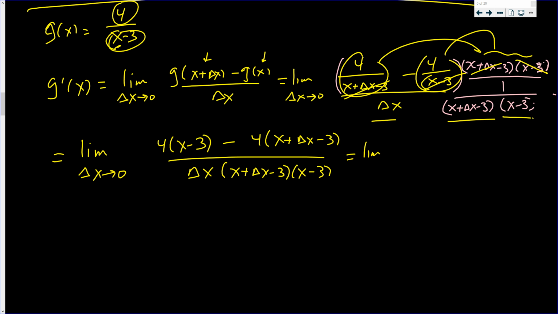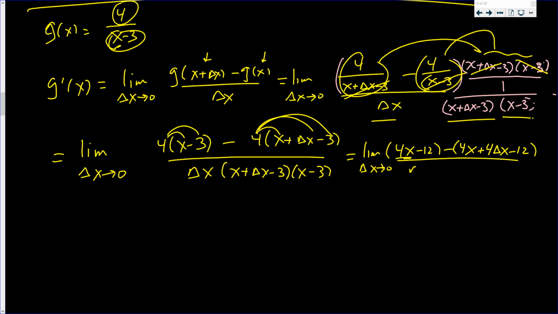This becomes the limit as delta x goes to 0 of 4x minus 12, minus 4x minus 4 delta x, sorry, I factored out the minus, so it's plus 4 delta x minus 12, all over delta x times x plus delta x minus 3 times x minus 3.